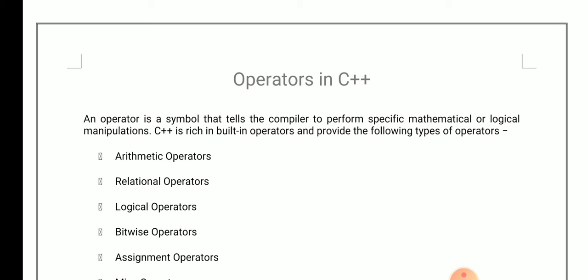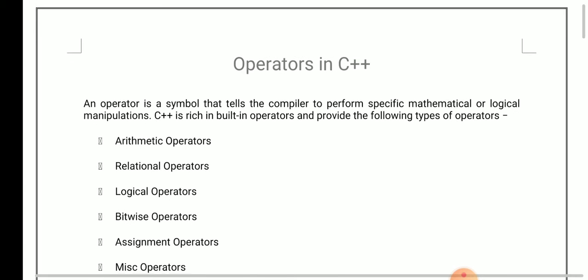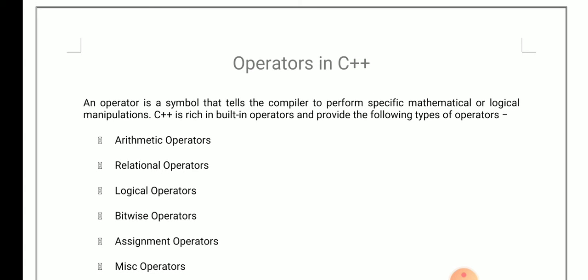Or we can say that an operator is a symbol that helps us identify which type of operation we are performing. So who can help us? That is our operator. So what is an operator? A symbol that can perform mathematical or logical manipulation.